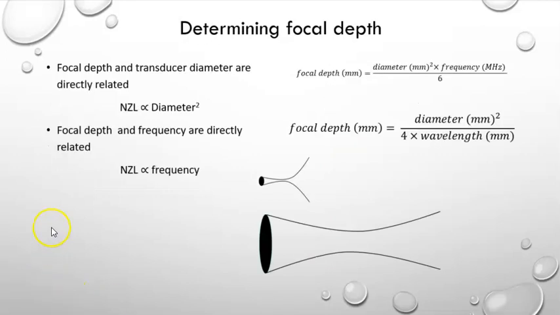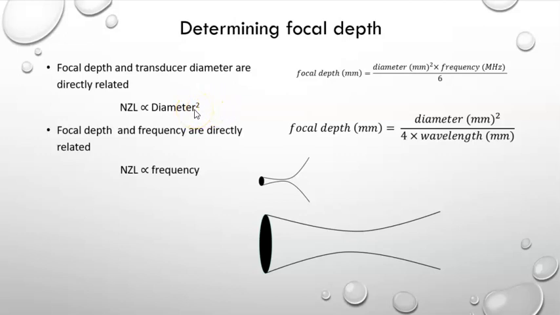So, determining the focal zone. The focal depth, or near zone length, is proportional to the diameter of the crystal squared. Okay. The focal depth and frequency are related. The near zone length is proportional to the frequency. So, let's restate this.